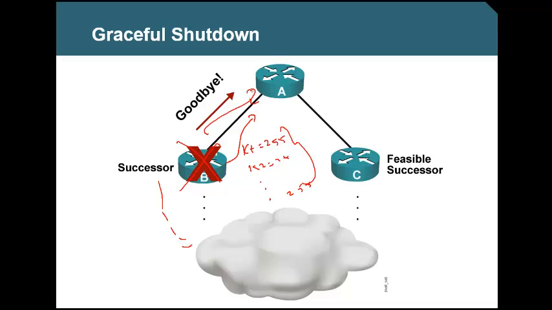And router A, when it finds all the K values are 255, no more considers B as a successor because they have sent with a very bad metric. So it immediately removes that successor and finds the other successor.